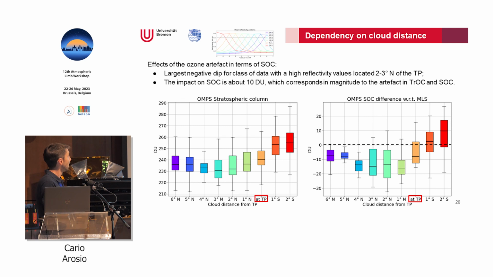And we see indeed that the largest negative values are in the cases with high reflectivity values around 2-3 degrees to the north of the tangent point, and we see that the magnitude is even larger than 10 Dobson units, which is larger than the average artifact in the whole data set, but it's consistent with what we found before.